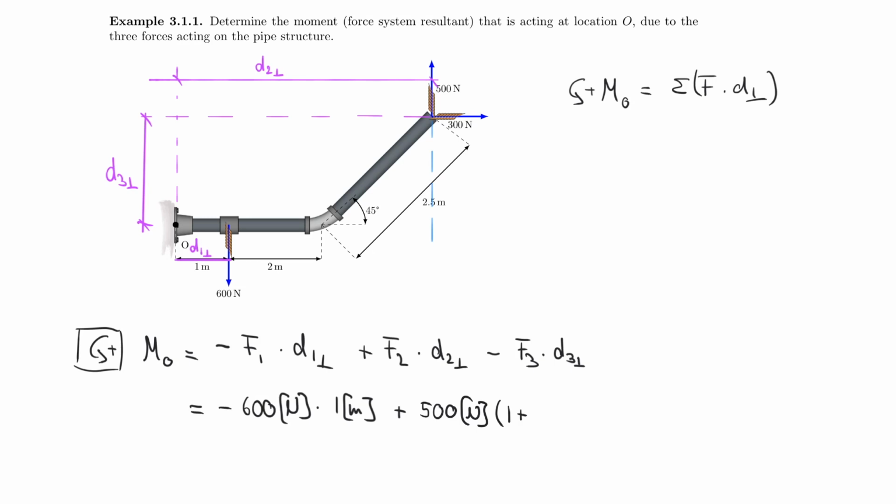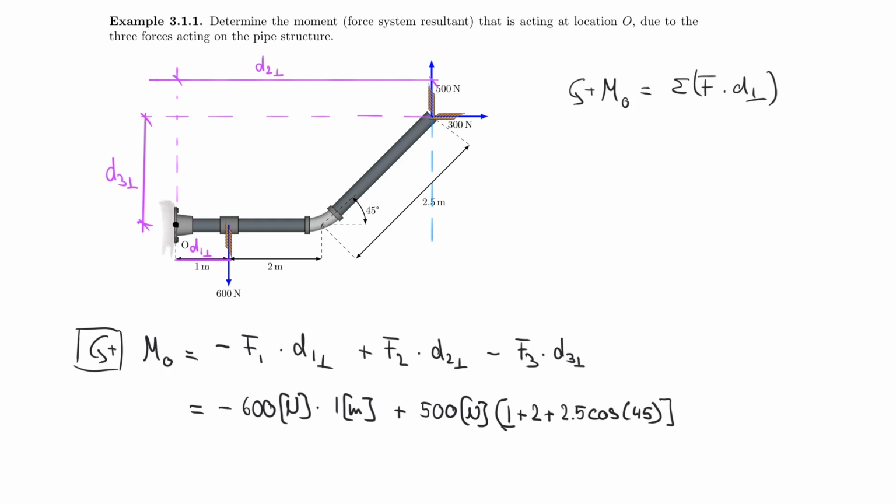And now, of course, it depends on your geometric understanding, but ultimately what I have is 1 meter plus 2 meters plus 2.5 times the cosine of 45, right? 2.5 cosine 45. And of course, I understand that cosine and sine is really the same for 45-degree angles, but I want to make sure that we understand that we're talking about the component here on the bottom.